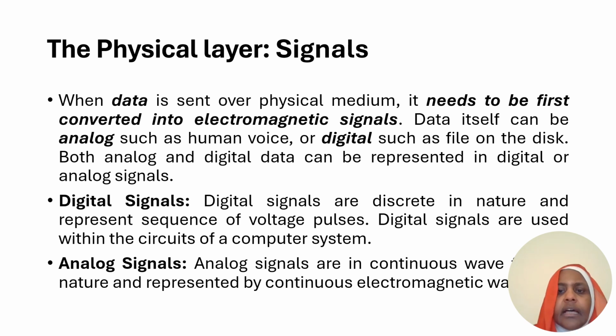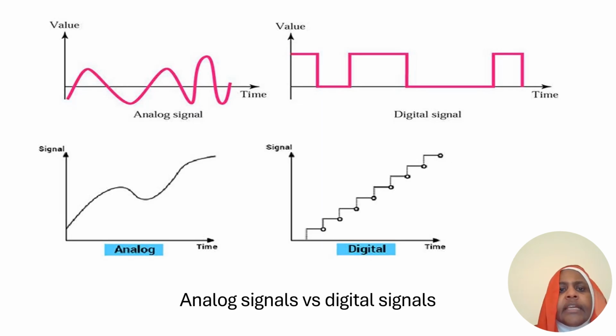Digital signals are discrete by nature, and they are represented in pulses of electricity or pulses of light. Analog signals are continuous waves by nature and are represented in a continuous electromagnetic wave. As you can see, digital signals can be converted into analog signals and vice versa.